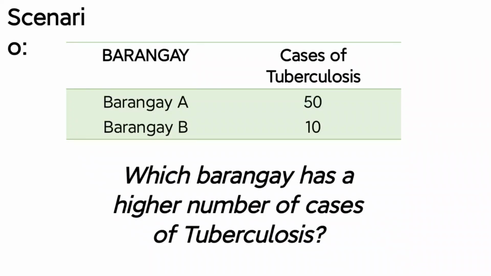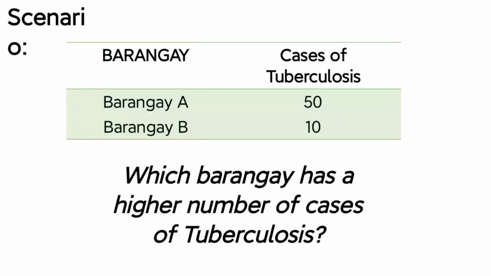If we're going to base it on the assumption that both of these barangays have an equal population, since wala kasing particular na data na inintroduce sa atin regarding the population, ang binigay lang sa atin is the absolute number of cases of tuberculosis per barangay. So, basically, we would answer here Barangay A.